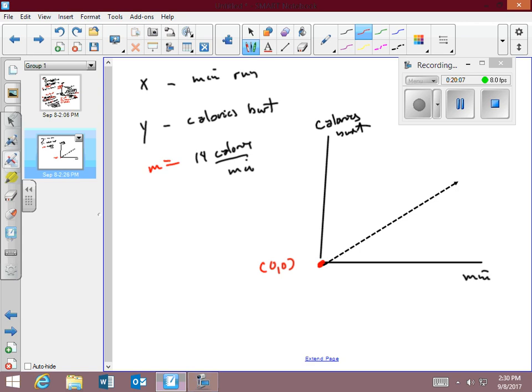Now, which equation do you think you can use? The first one requires a point and a slope. The second requires a slope and a y-intercept. Which one's easier to work with? The y-intercept. Do we have a y-intercept? What is the y-intercept?